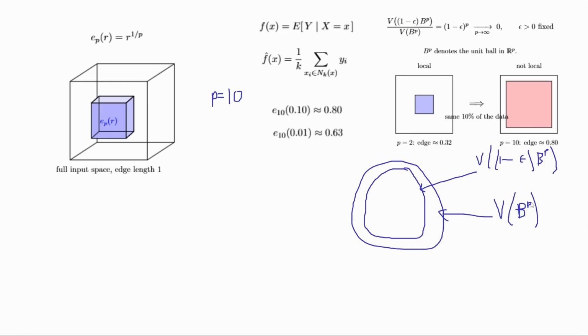Looking at my very bad diagram here, the top term represents the inner volume, shrunk by some epsilon, so you're slightly within that region, and the denominator is the original full volume. You look at the ratio between the two, and of course the constants cancel and you get (1 minus epsilon) to the power p.